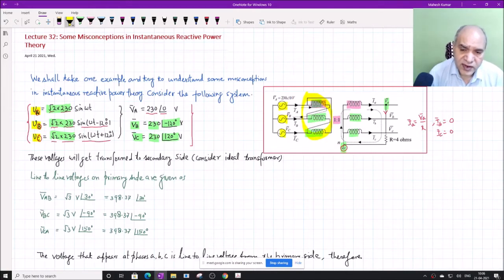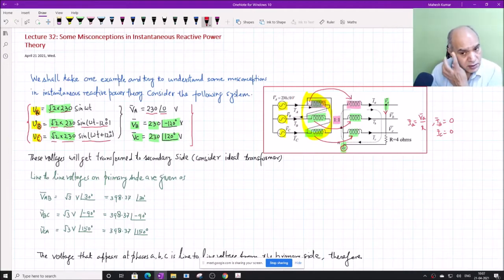Now, by the law of induction, these winding voltages are transformed to the secondary side by the transformer ratio, which is 1:1.